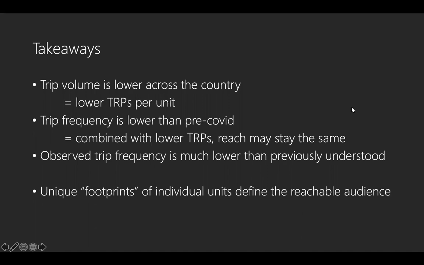We're not going to modify the existing forecast. If we do it mid-year, we will create a mid-year annual forecast that will be valid from July 2021 through June 2022. So still an average annual week, but reflecting the future 12 months. And yes, that will also take into account any changes in trip frequency and trip volumes.